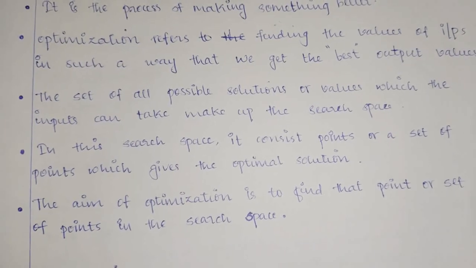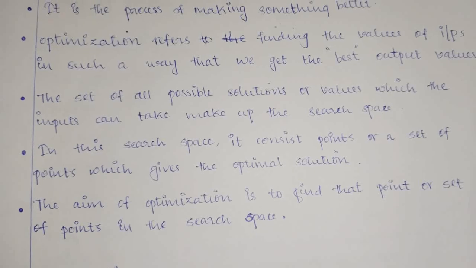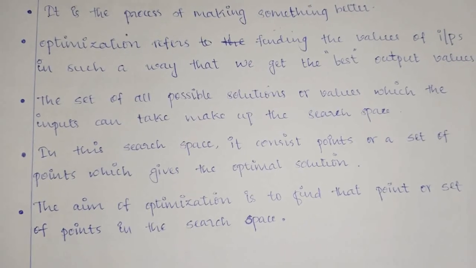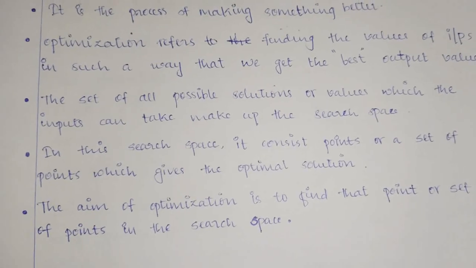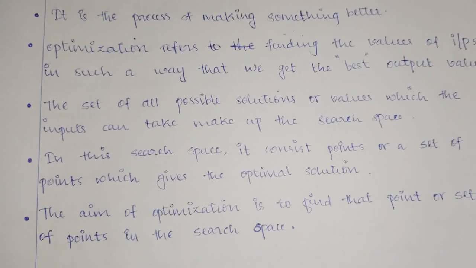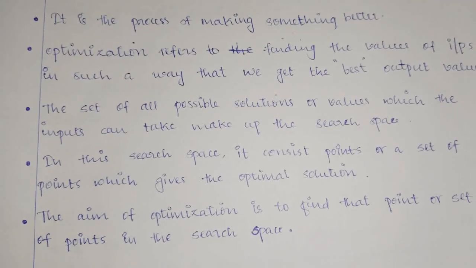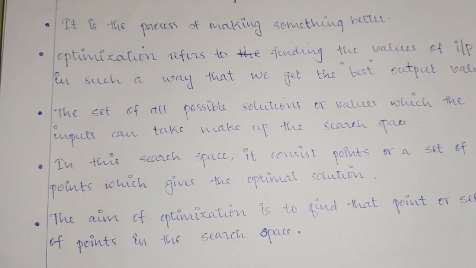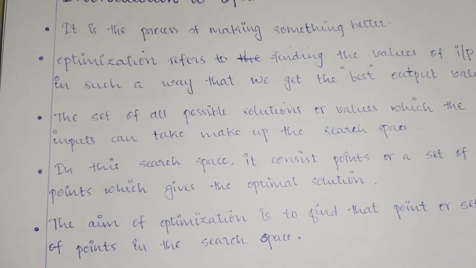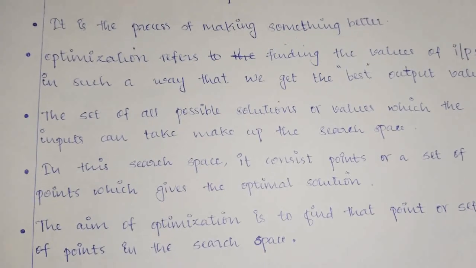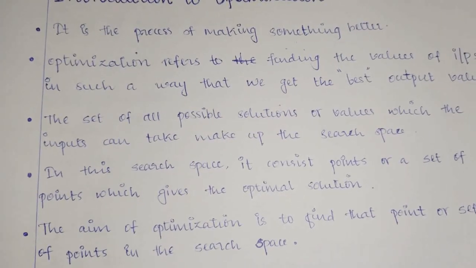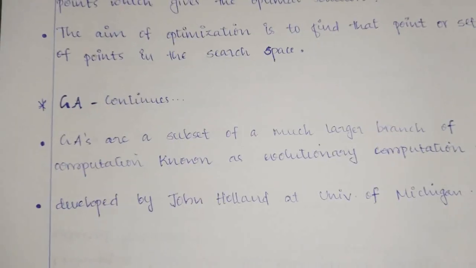So we can say that the aim of optimization is to find the point or set of points in the search space. Coming to GA, it is a frequently used technique to find optimal or near optimal solutions to difficult problems. So optimization is important in the case of genetic algorithm.